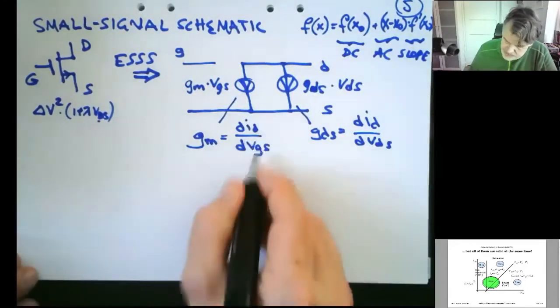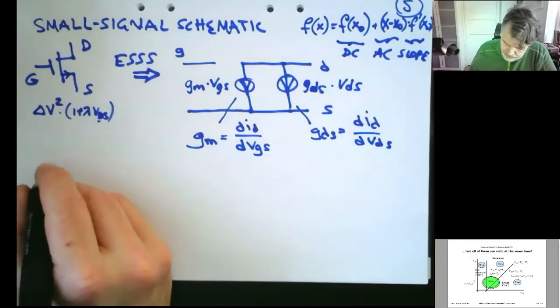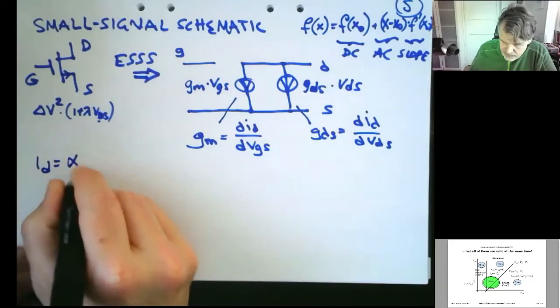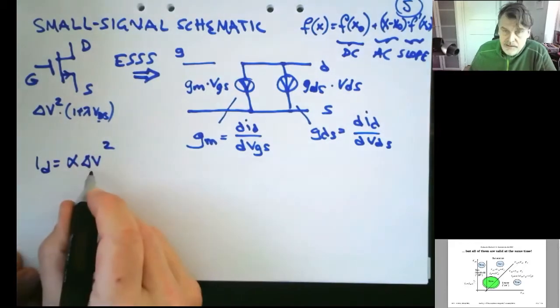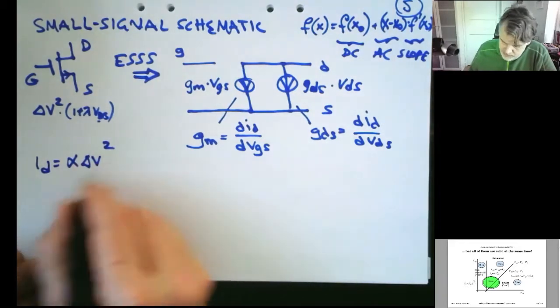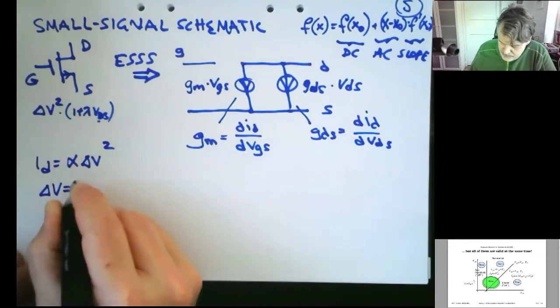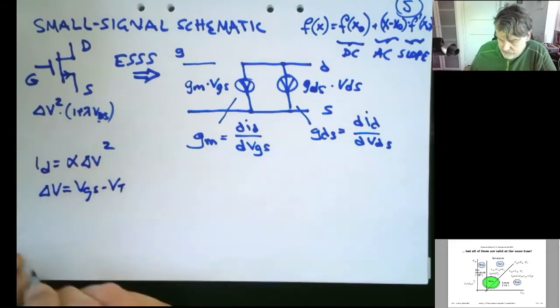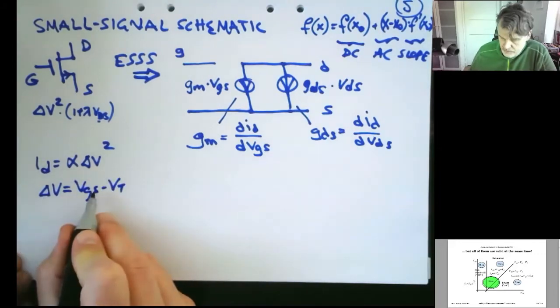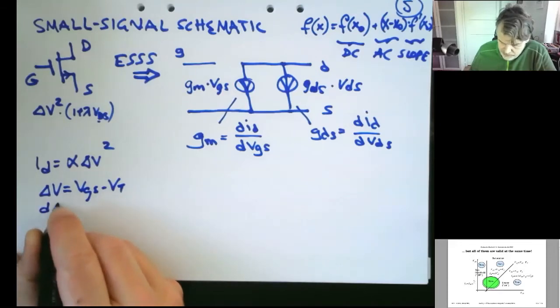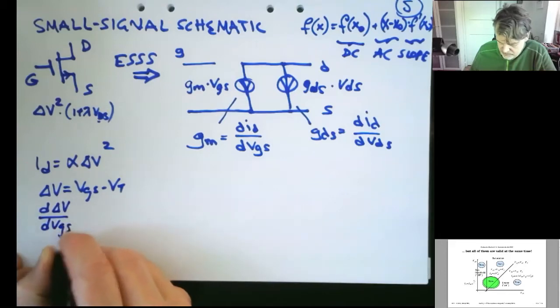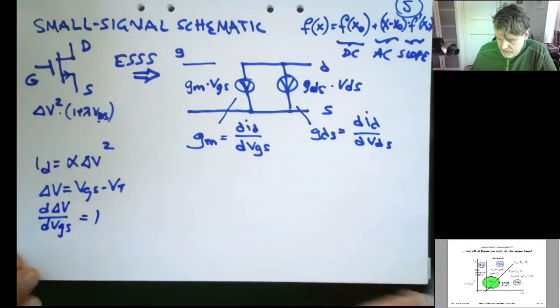So gm, dID over dVGS. Well, we already know that ID is equal to alpha delta V squared, and delta V is equal to VGS minus VT. But if we look from a derivative point of view, we see that according to the chain rule, d delta V over dVGS is equal to 1.